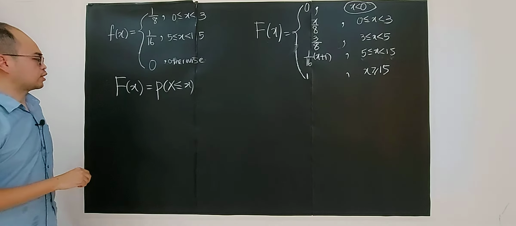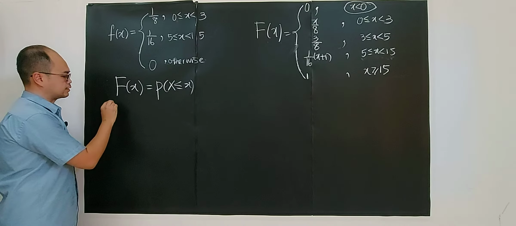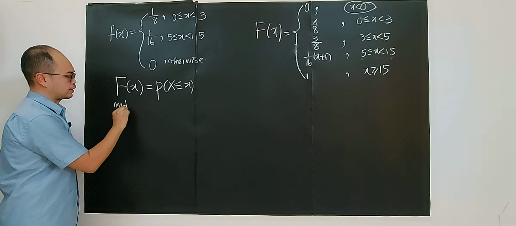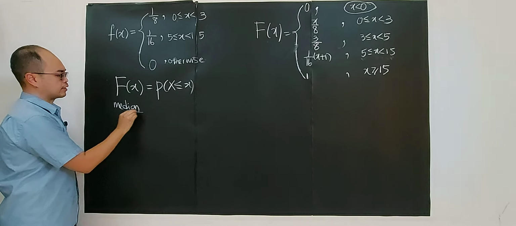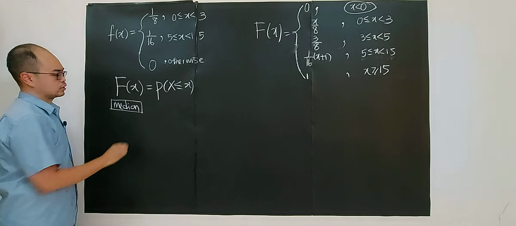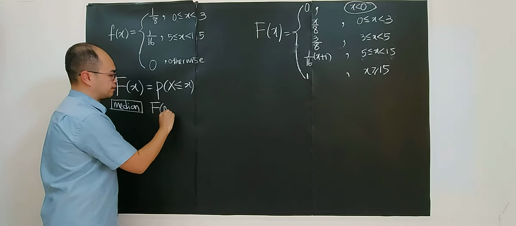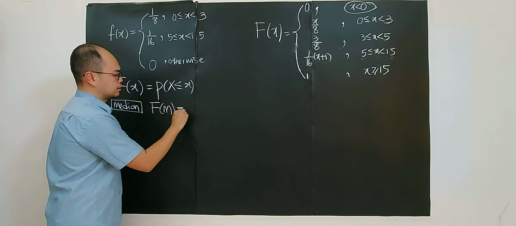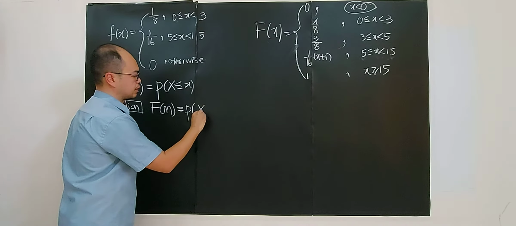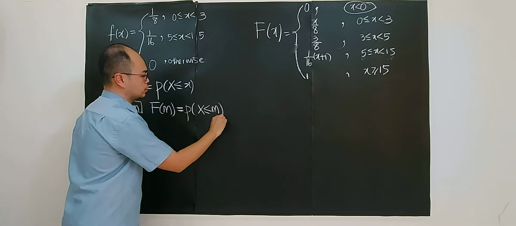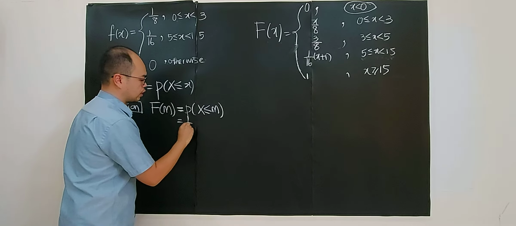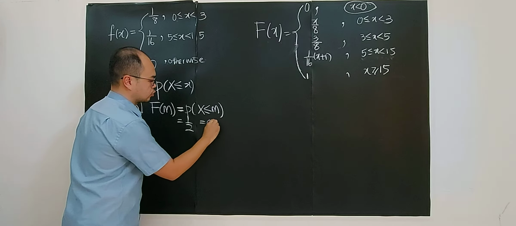Now, if you want to find the median, I'll talk about the median first, because it is very popular and very important. For the median, we usually define it as F(m). This is the definition of the median by using the cumulative distribution function. It equals 1 over 2, or 0.5.